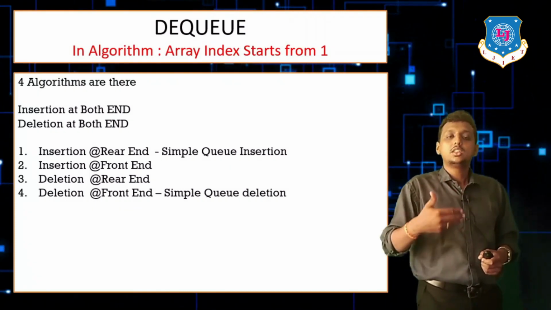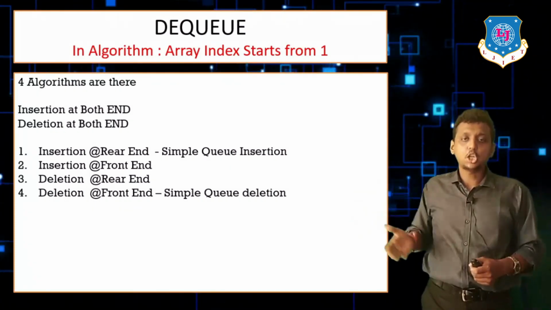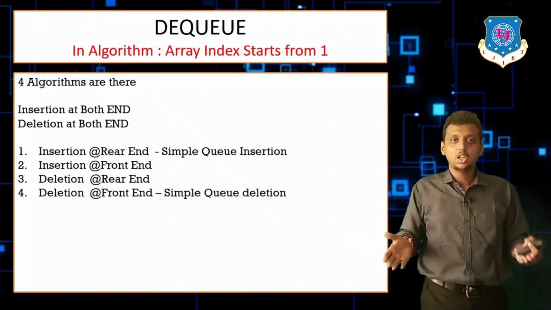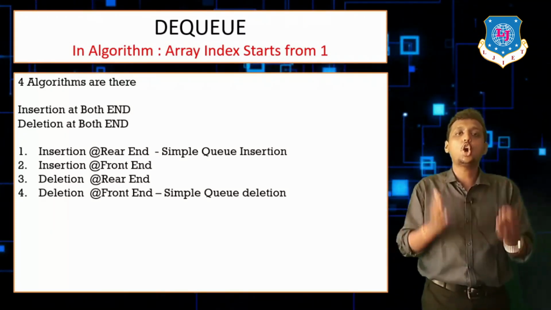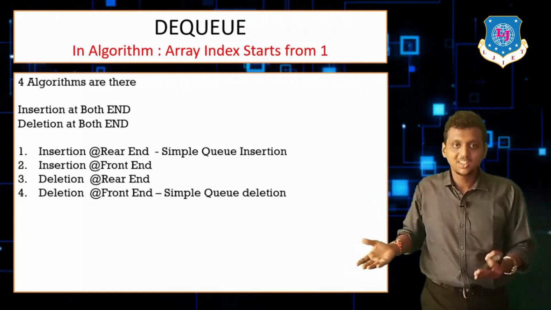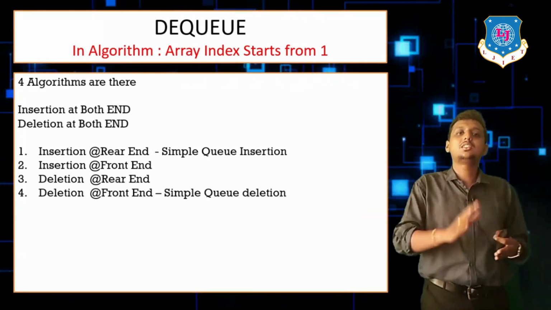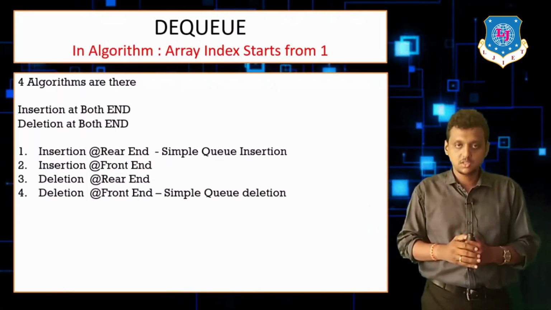Let me tell you that in the simple queue we did the same thing, because insertion in a simple queue is insertion at the rear end. I used to say that you can do insertion only at one end, and that end is known as the rear end. So when we talk about insertion at the rear end, the algorithm is totally similar to simple queue insertion.